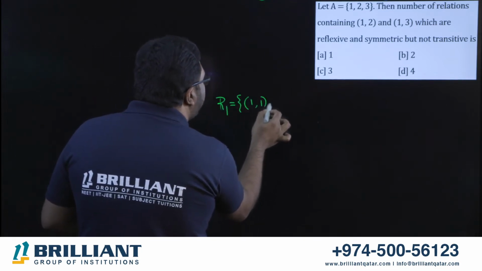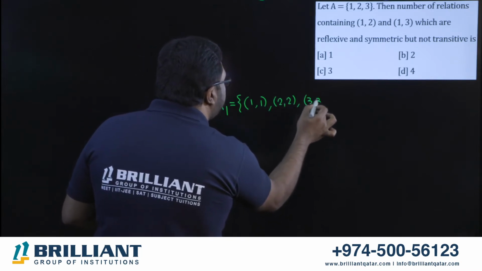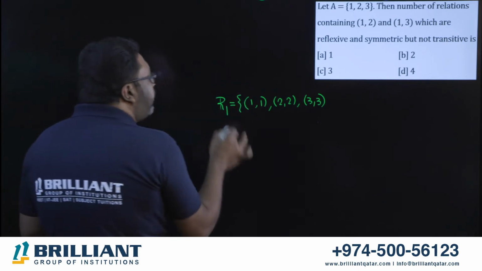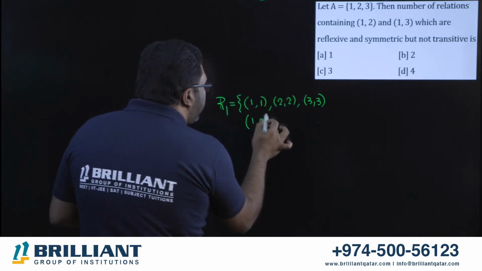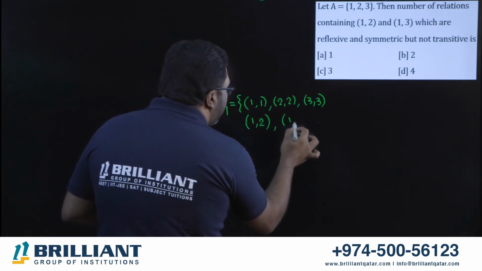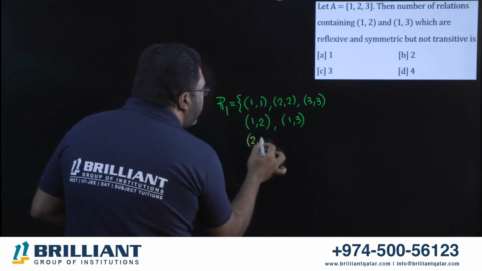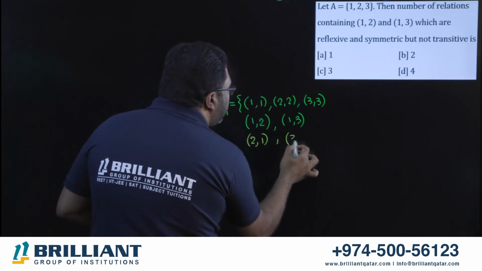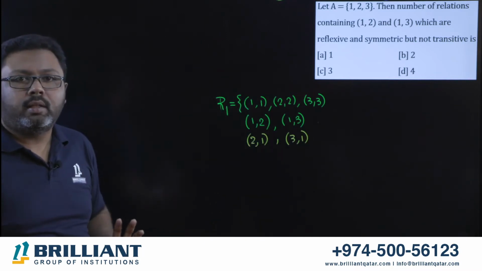So it has to be reflexive means it should contain 1, 1, 2, 2 and 3, 3. Yes. Now, which are reflexive and symmetric, which should contain 1, 2. Because 1, 2 is compulsory with 1, 3, to make it symmetric, I need to introduce 2, 1 and 3, 1.